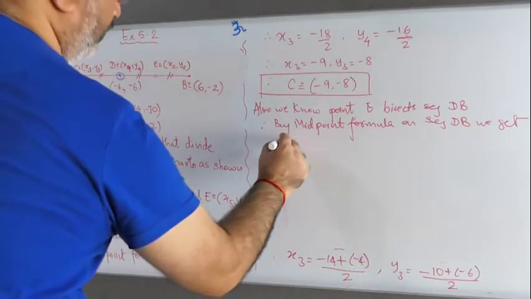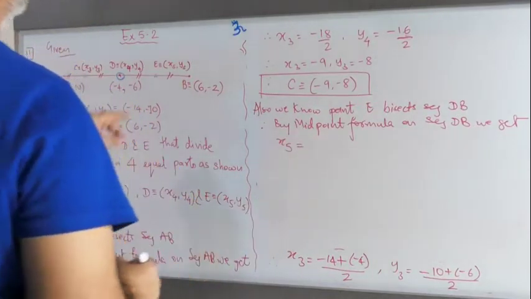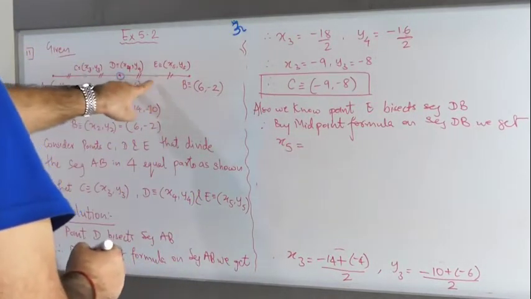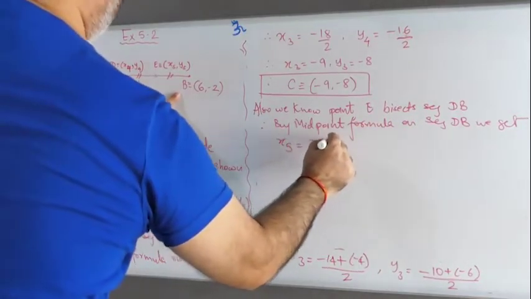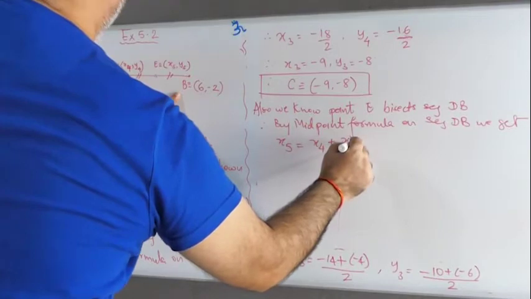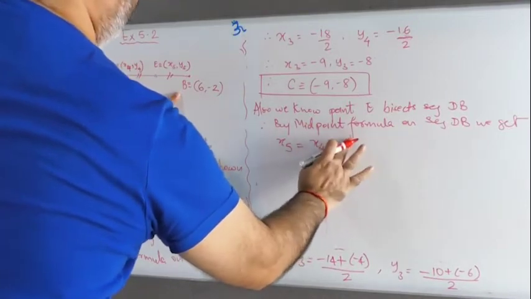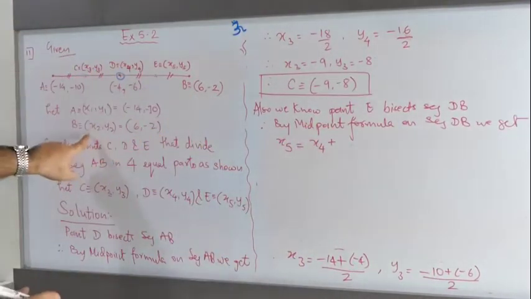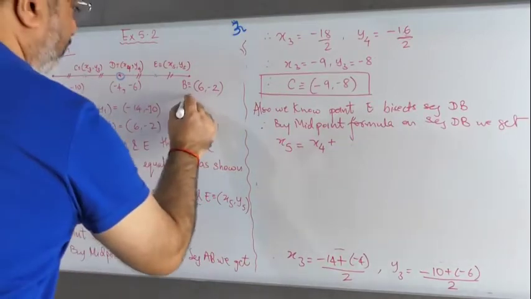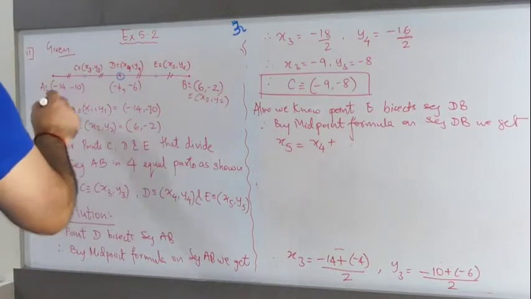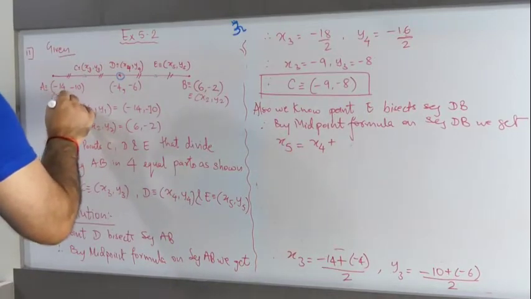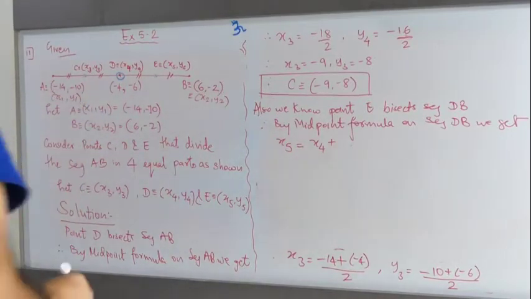x5. x5 is equal to, now which are the endpoints for E? DB. So D and B. So x4 plus x6. Now B is what? B is x2. See, this is x2, y2. Alright, this was x1, y1. So let's not confuse.